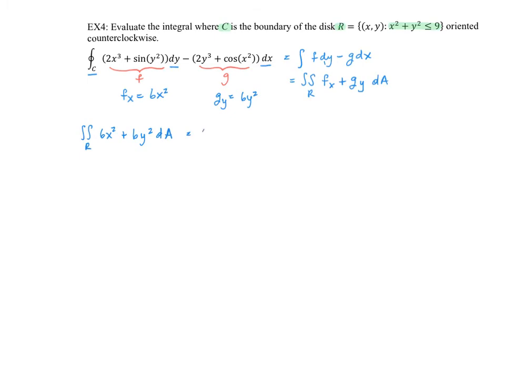I can factor out the 6, and then I would be computing x squared plus y squared dA. And this is one of the powerful things about Green's theorem. Since it allowed me to write my single line integral as a double integral, when I look at this integral, it takes me back to the very first time we talked about double integrals.